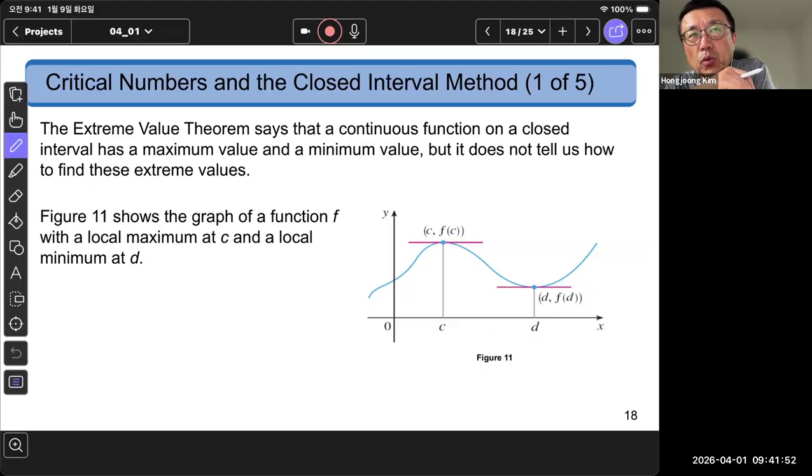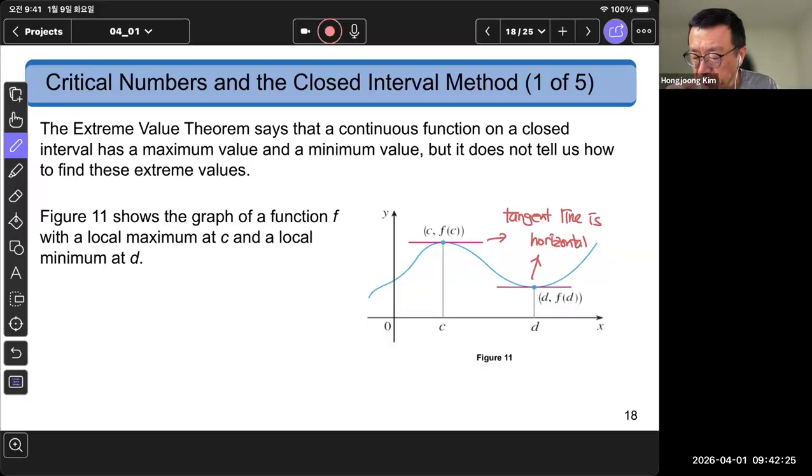Now, at point C, where you have local maximum, the tangent line is horizontal. And similarly, at D, where you get the local minimum, tangent line is horizontal as well.